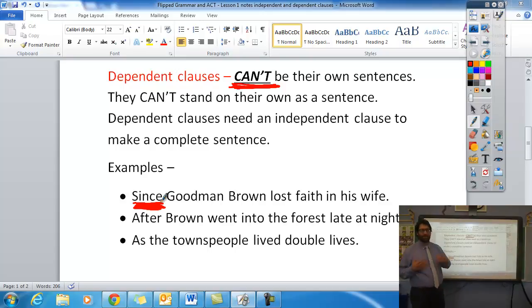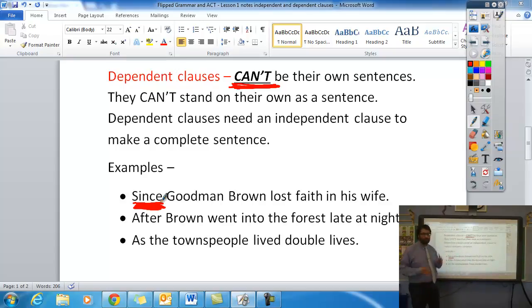As the townspeople lived double lives. Again, it's an incomplete thought. It's a dependent clause. It can't be its own sentence. It can't stand on its own, right? Because if I wrote this in my paper, you'd expect me to finish that thought. Well, you would say, what was happening as the townspeople were living double lives, right?